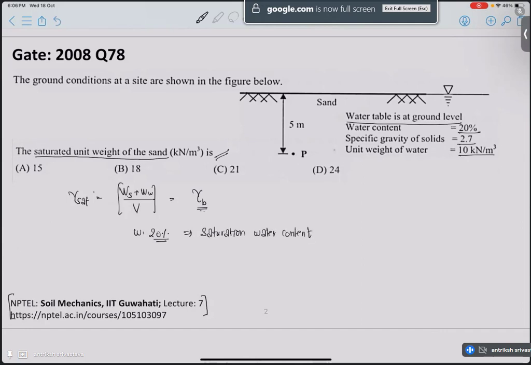Gamma bulk can be written as gamma dry into 1 plus water content. The formula for gamma dry, the dry bulk density, is gamma W into G divided by 1 plus e, where e is the void ratio.